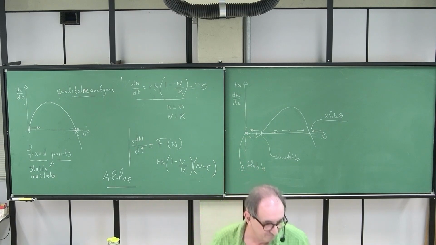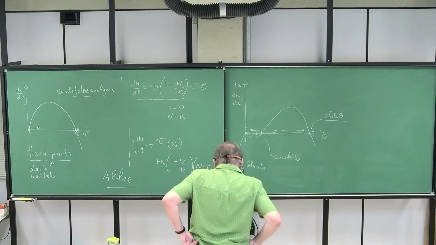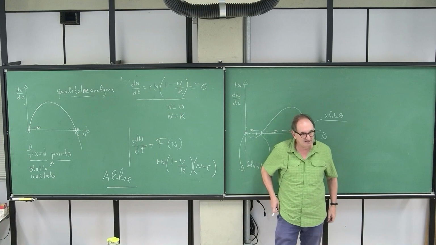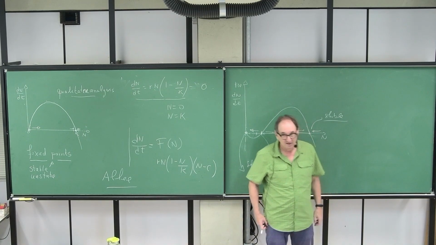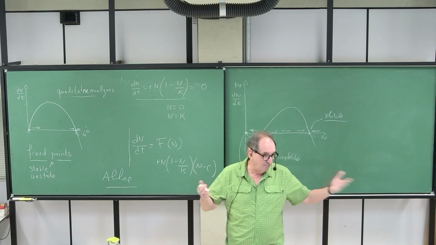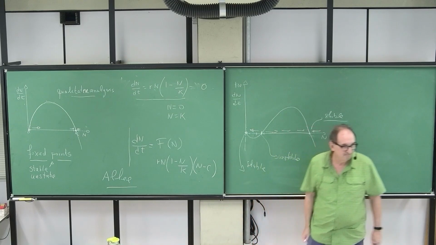So in this case, C is basically a threshold for extinction? Exactly. C is the minimum population for viability. It's a threshold population, the minimum population for viability.